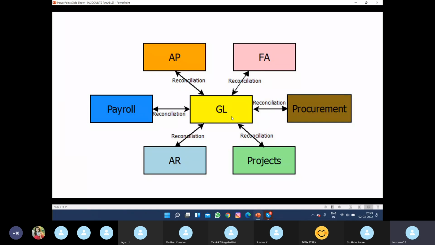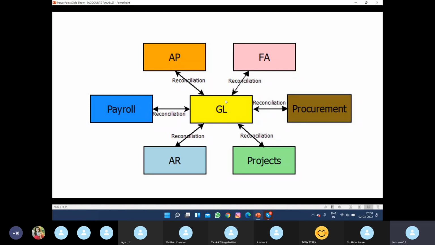GL is the one which provides the data to prepare our financial statements. We take all the information from this GL itself, and this GL contains all the information related to accounts payable, accounts receivable, fixed assets, procurement, payroll, projects, and all other submodules also.